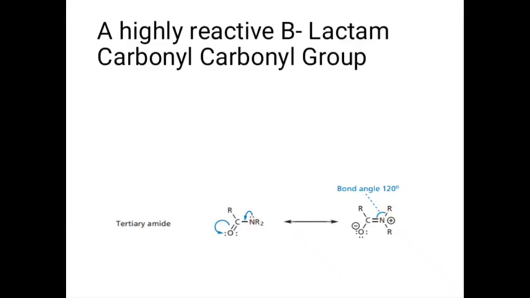So follow closely as I explain. So the normal amide, when you look at the nitrogen right there, the nitrogen can feed its lone pair of electrons into the carbonyl group to form a dipolar resonance structure with a bond angle of 120 degrees, as you've seen there.